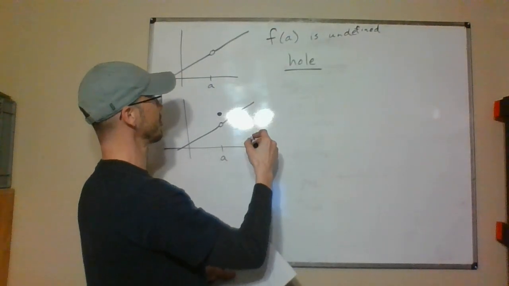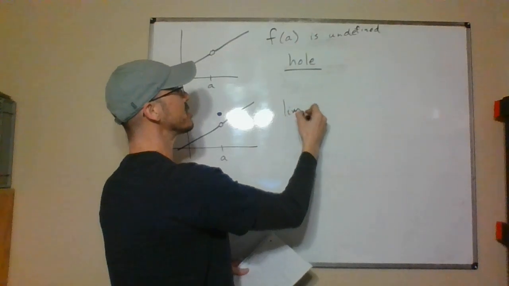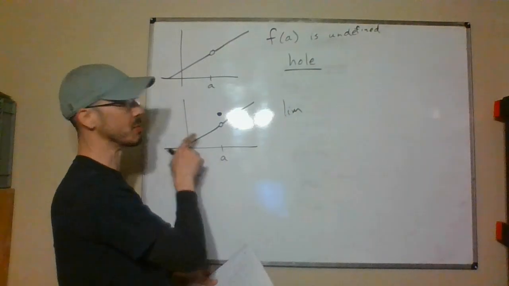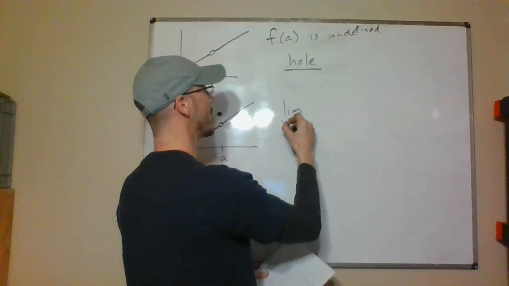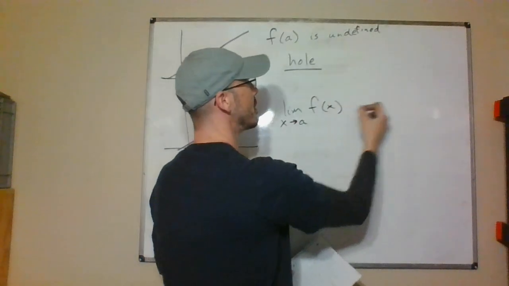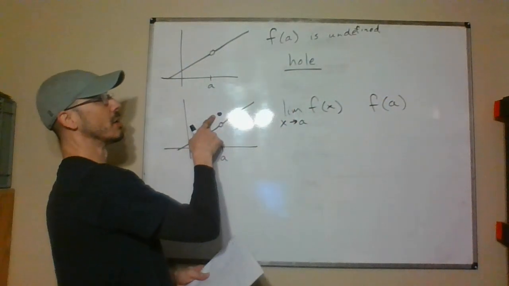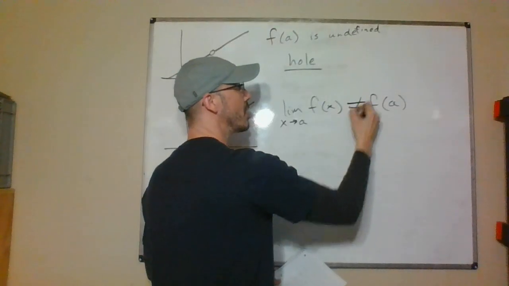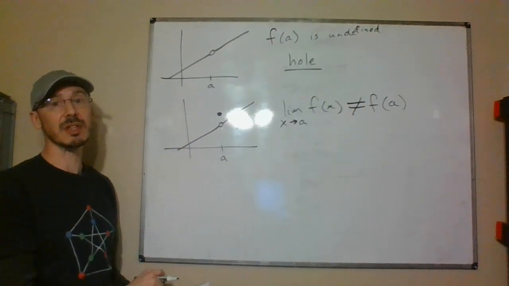In this case, we do have a limit from the right and left, and it's where that hole is. The limit as x goes to a of f of x and the actual value of the function are not equal. So that's another type of discontinuity.